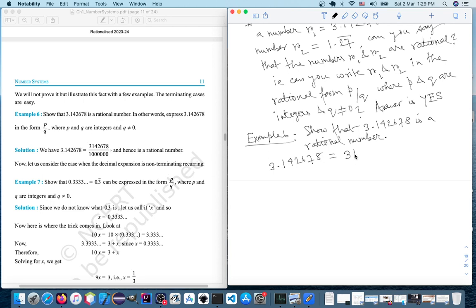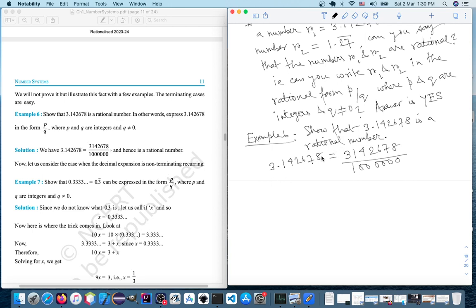So we can always write this kind of number, where the decimal expansion has a fixed number of digits, by dividing by 10 to the power of something.